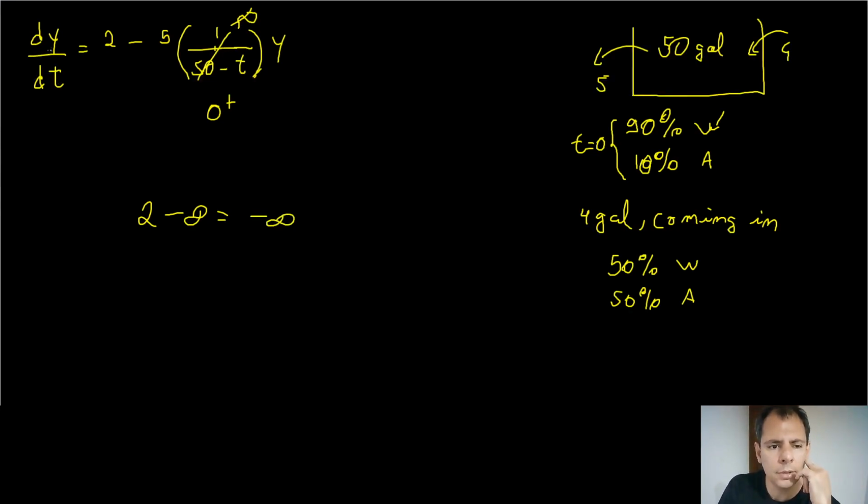So the amount of alcohol is going out at an infinite rate? No, because this infinity is being multiplied by the amount of alcohol close to that final time. And the amount of alcohol close to that final time is also close to 0, because the amount of solution that you have at the final seconds is also close to 0.